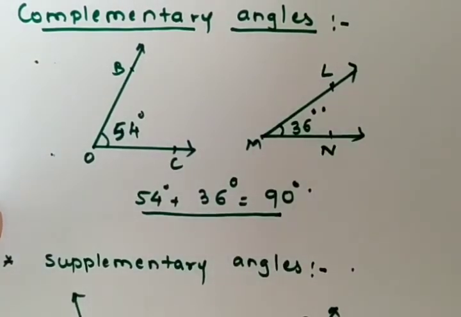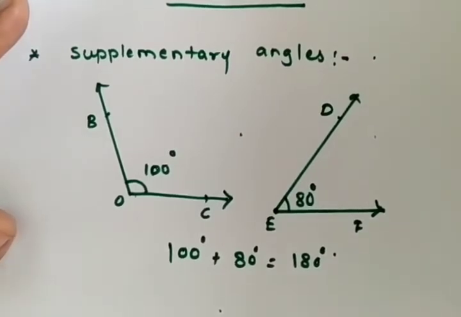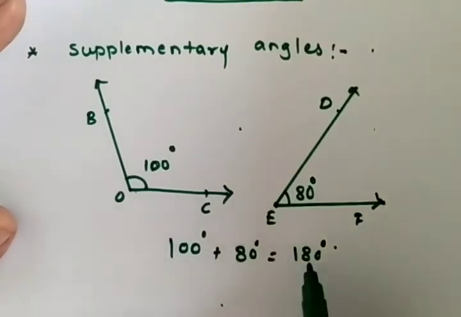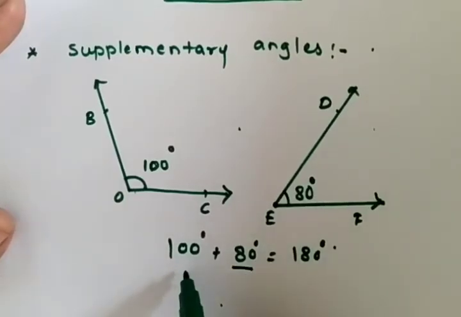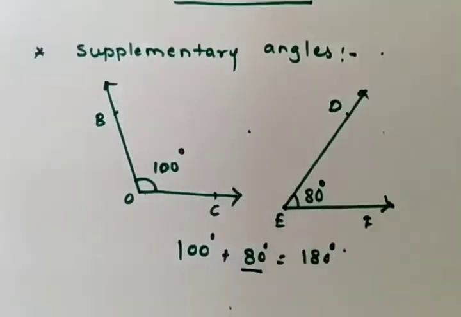So you will get the complement of the angle. And if we are talking about the supplement of an angle, remember, angle plus supplement of an angle is always equal to 180 degrees. That means if you are going to find the supplement of an angle, you subtract the measurement of the given angle from 180 degrees. Clear? So you will get the supplement of the angle.